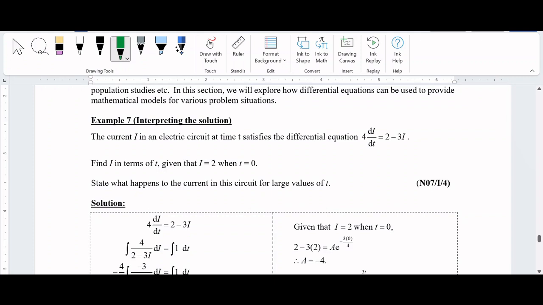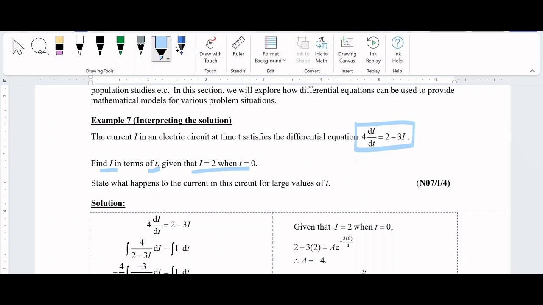You are told that the current I in an electric circuit at the time t satisfies the following DE, and then you are asked to find I in terms of t given this condition. Now, if you take away all the context, it's simply just solving a DE, writing your solution with I in terms of t and substituting a condition that is given to you so that you get a particular solution.